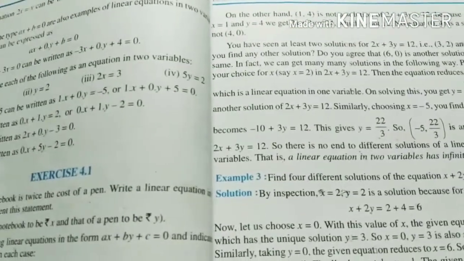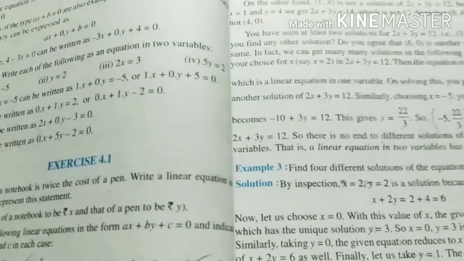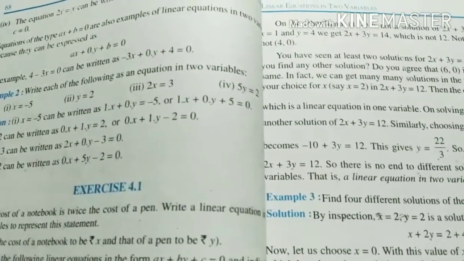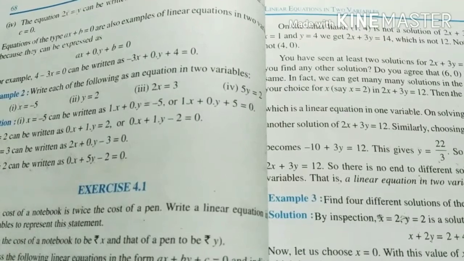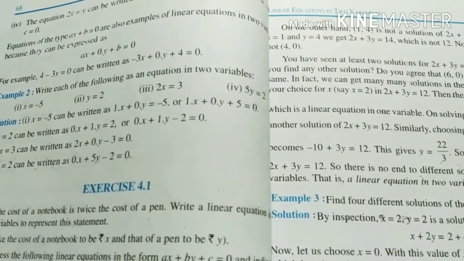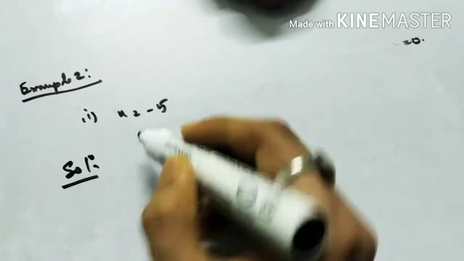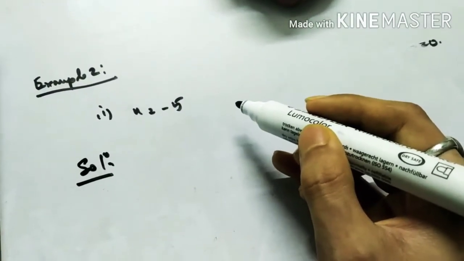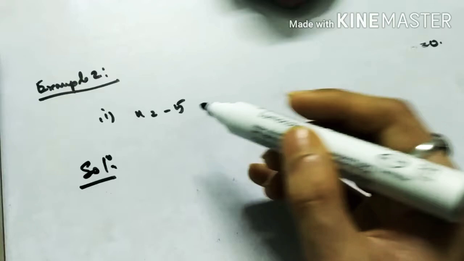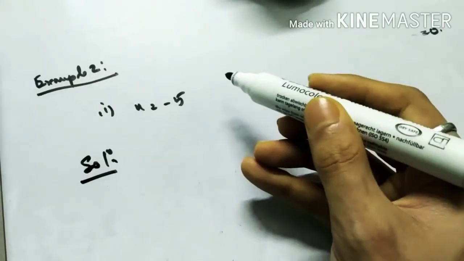So first it is x is equal to -5, it is given. This I will have to write as an equation in two variables.